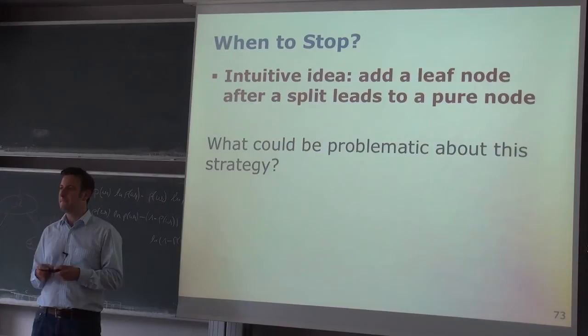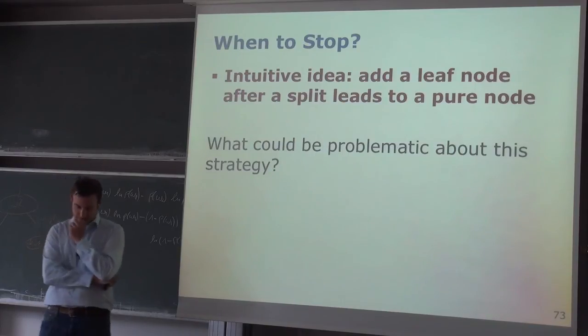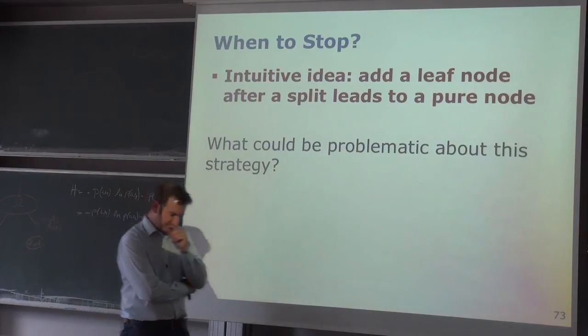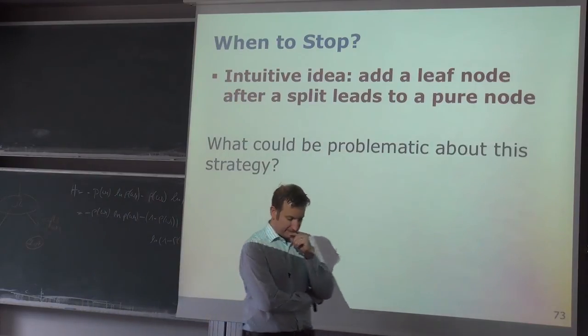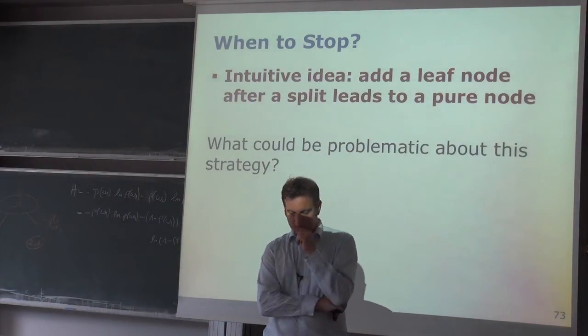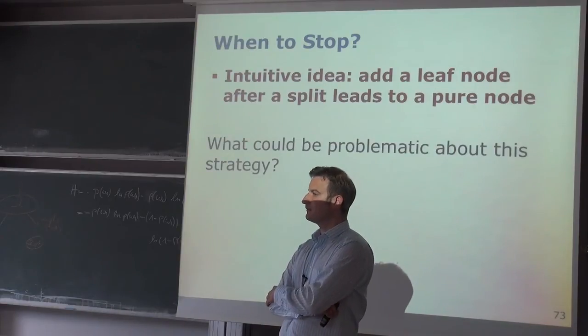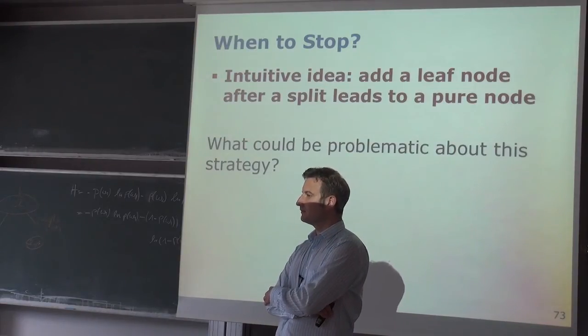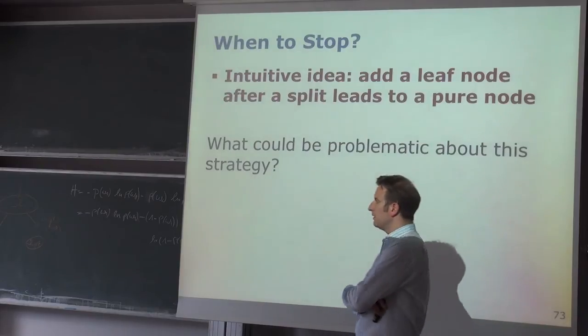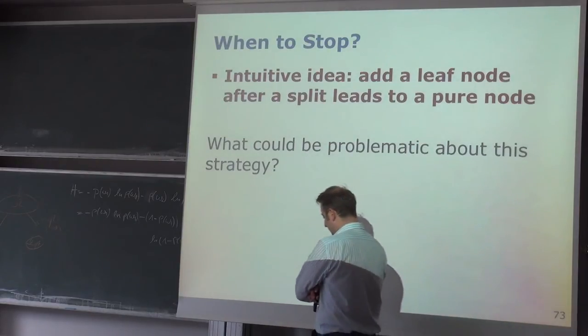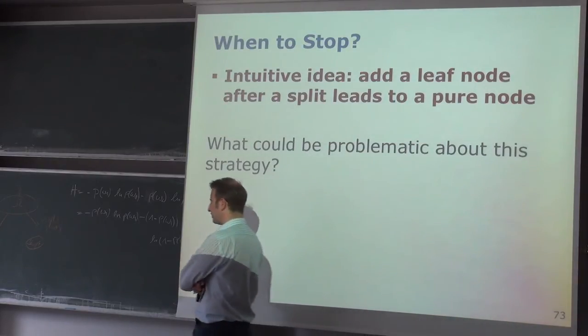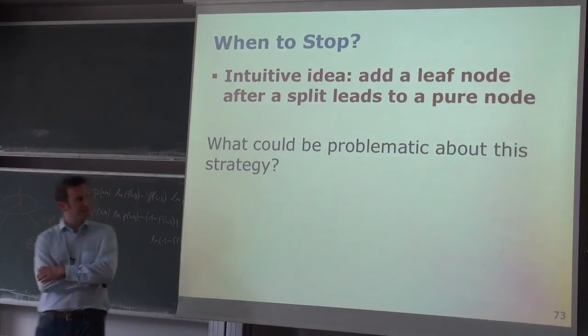Yeah? This might not include other elements of the same class, but being in a different right or left area. So I exclude part of my class, although they belong to the class. I don't fully get that.